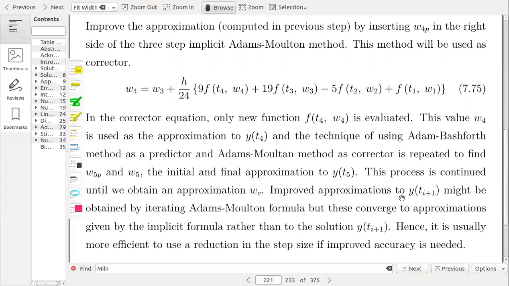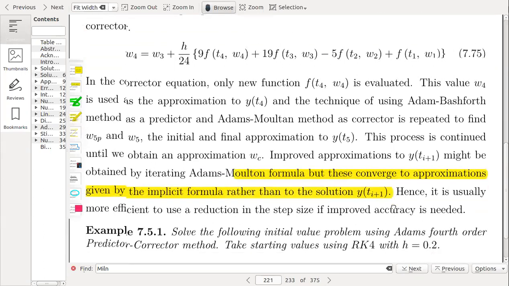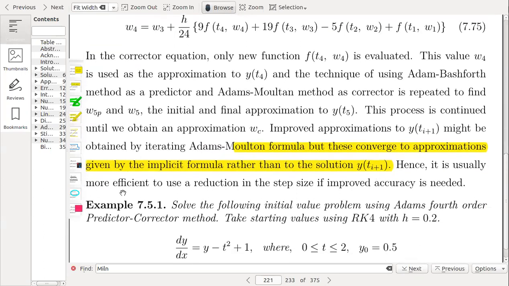Improved approximation to y at Ti plus 1 or xi plus 1 might be obtained by iterating the Adams-Moulton formula, but these converge to the approximation given by the implicit formula rather than to the solution. So hence, it is usually more efficient to use a reduction in the step size if improved accuracy is needed.